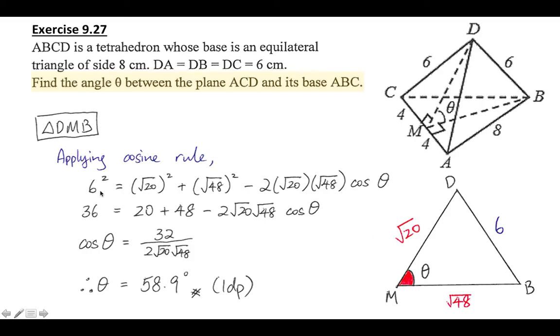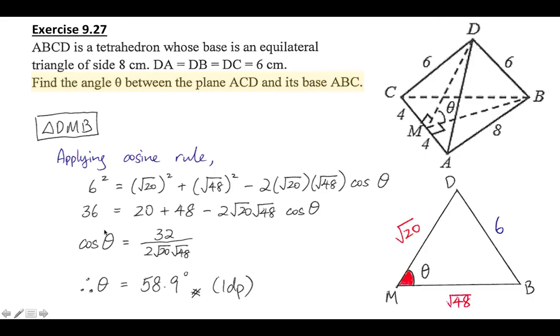Looking at the solving, 6 squared is 36, square root 20 squared is 20, square root 48 squared is 48. This is also the reason why I did not evaluate the lengths as decimals, but rather left them in surd form, knowing that there will be squares coming up later on. And minus 2 times square root of 20 times square root of 48 cosine theta. Manipulating this step to this step, I have cosine theta equals 32 divided by 2 times square root of 20 times square root of 48.